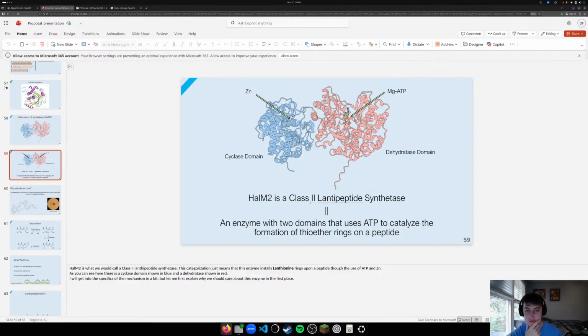HalM2 is a class 2 lanthipeptide synthetase, which essentially means that it has two domains with two different active sites, where one active site catalyzes the dehydrations on serine and threonine residues on a peptide using ATP. That's where the name synthetase comes from. And then the other side is believed to help with the cyclization process for the peptide.